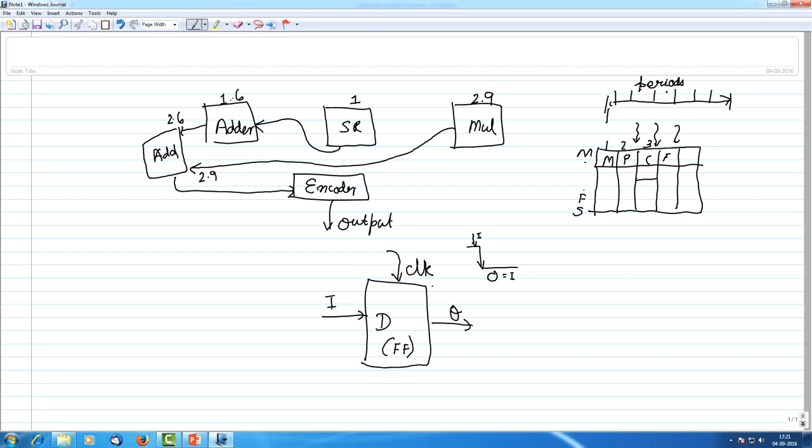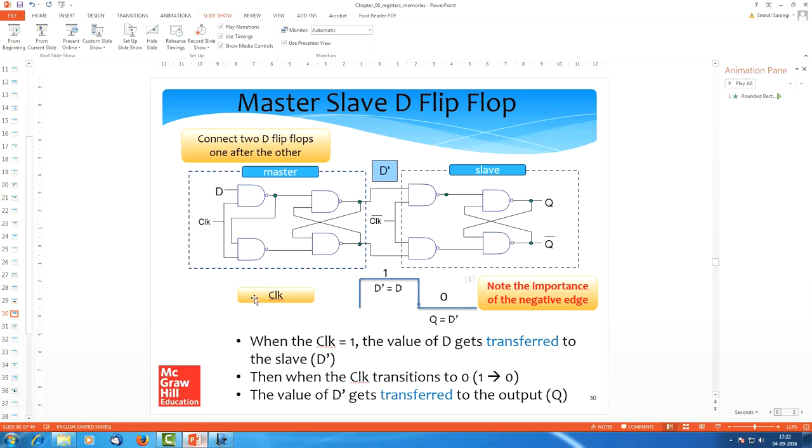But in the case of a D flip-flop, we can disable the clock and the value will be maintained, so we can store the value. That's the basic idea of what a D flip-flop does. It's a very, very important logic element that we'll be using mostly in chapter 9, but at least we should take note of it now.